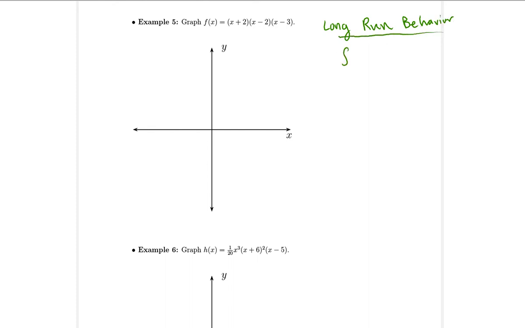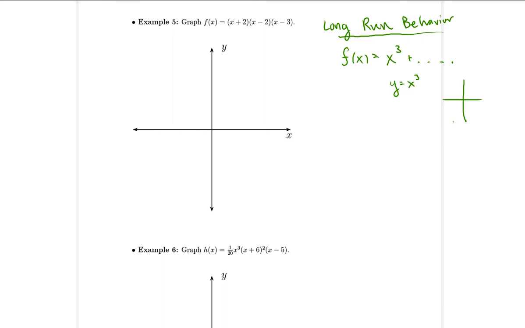So let's think about if you were to multiply all this out, what would be the largest term that would come out? The largest would be x cubed. There'd be other stuff as well. Okay, so y equals x cubed is the long run behavior.